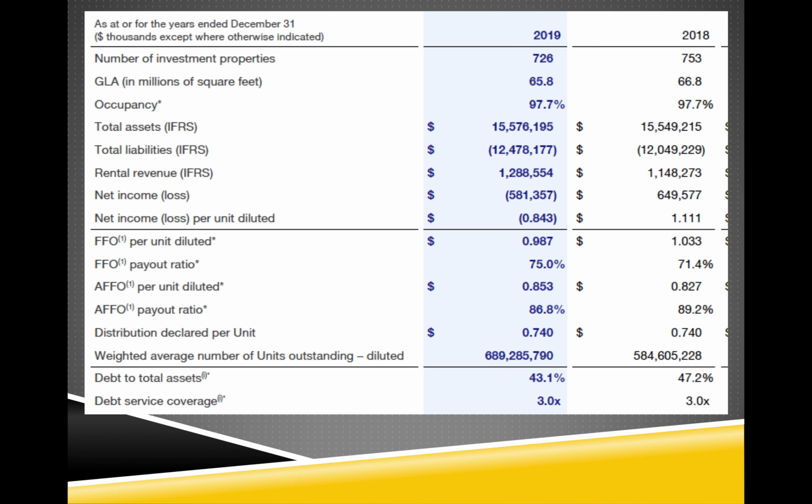This is Canadian dollars, but if you think back, and this was trading about $12, $13 a share, you can see that the distribution of cash was, let's see, 7.4 divided by 13, somewhere in the neighborhood of about 6% or so.